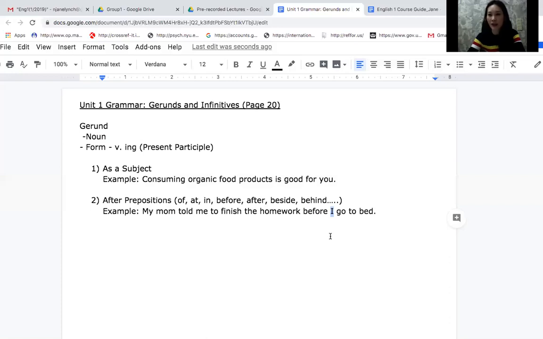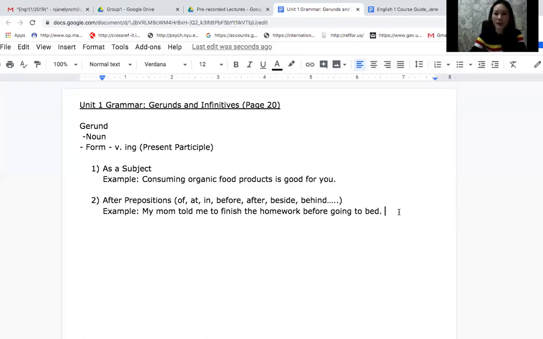A person is a noun. So is it good for a preposition? Yes, because prepositions love nouns. If you say before I go to bed, that's fine. But if you start with this verb after the preposition, no, it's not okay because prepositions cannot be followed by a verb. Then you have to change this verb into a noun by adding ing, and it becomes a gerund. So that's a gerund.